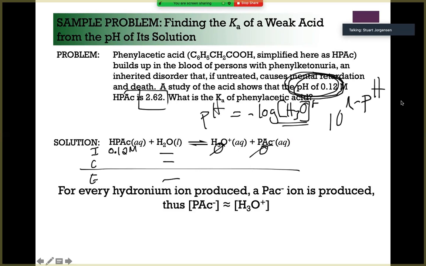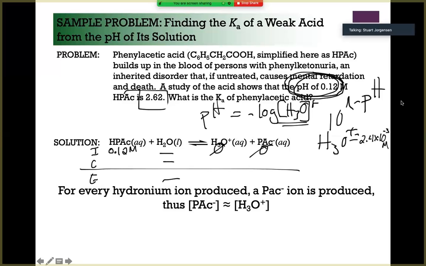So we're going to do second function log, negative 2.62, which means our hydronium concentration, H3O plus, comes out to be 0.00239. So 2.4 times 10 to the -3 molar.